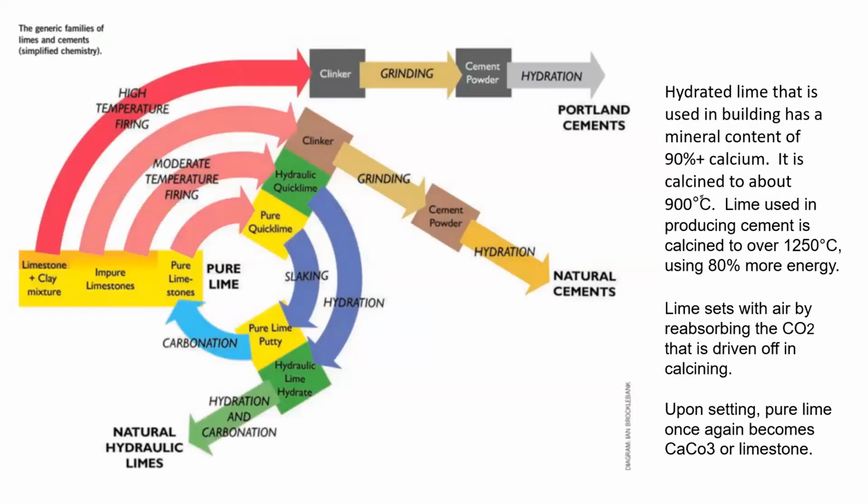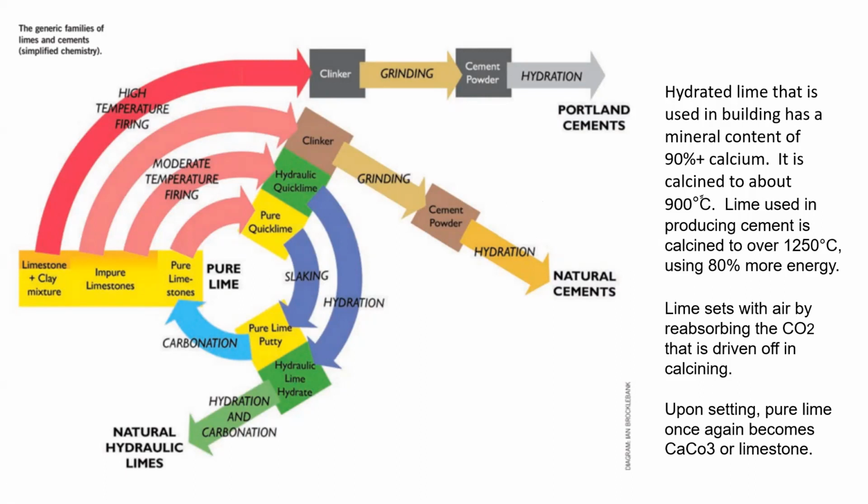This slide shows really the essential difference and the energy difference between cement and what they're calling pure lime. So if you're calcining lime, which is mined in a rather pure form, it needs to be about 90% calcium for a building, and this is the highest restriction on the materials, that you do need a good quality lime.